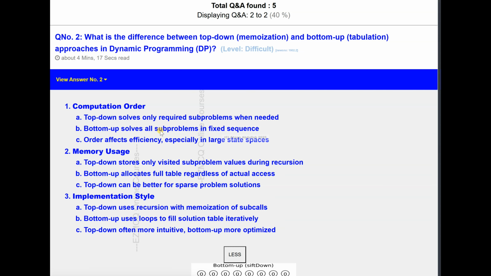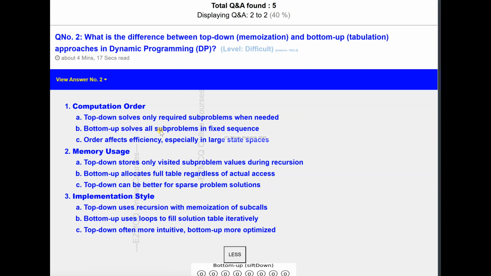So the computation order. Now top-down solves the subproblems only when needed. Only when needed. So that is efficient for sparse environments. Why spend all the resources on trying to solve every problem? Now the bottom-up approach pre-computes all possible subproblems in a specific sequence. When there are quite a few states, then pre-compute all subproblems.